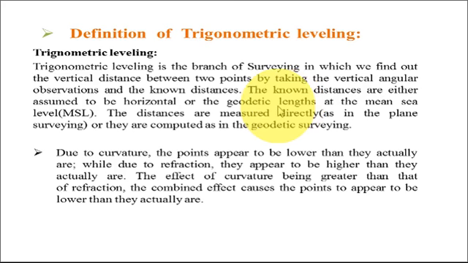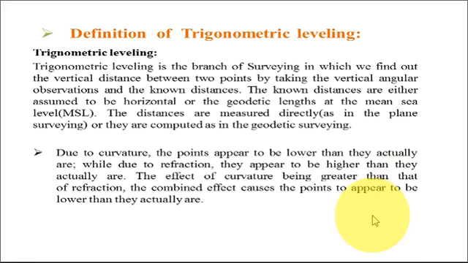in that case, we have to consider the effect due to the curvature and the effect due to the refraction. Because of the effect of curvature, the points appear to be lower than they actually are. Suppose your friend X is very close to you, and if your friend moves away from you and covers half a kilometer distance, your friend appears lower than actually is.